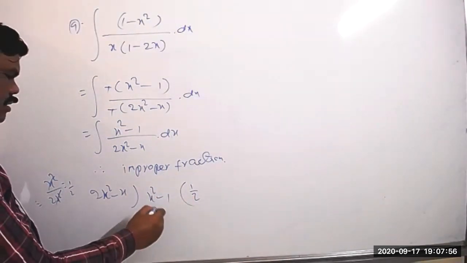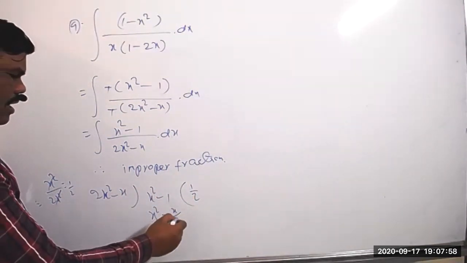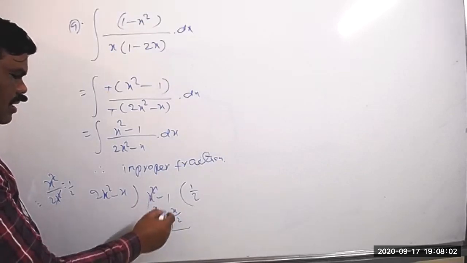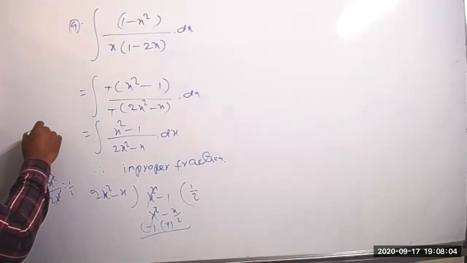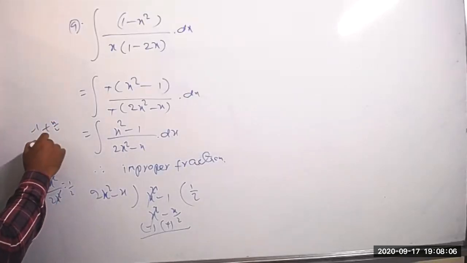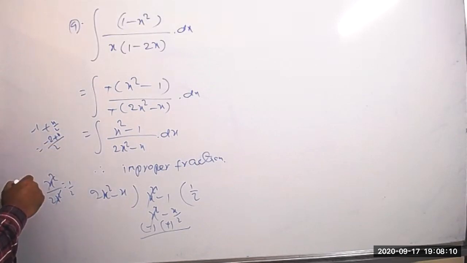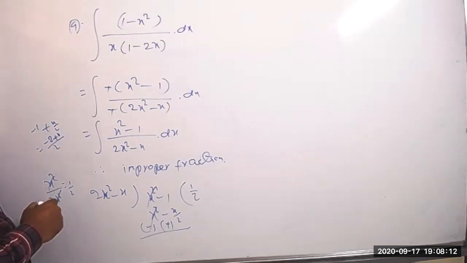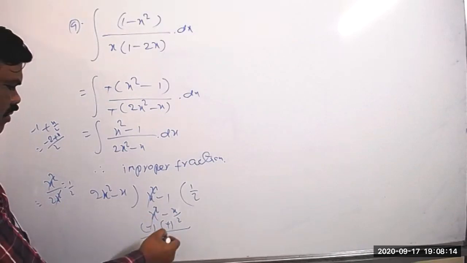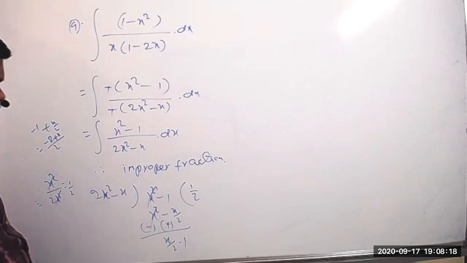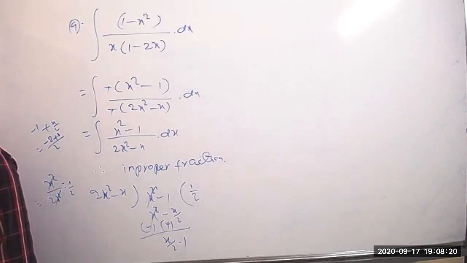So this is x square minus x by 2. You take subtraction and this will be cancelled. So here minus 1 plus x by 2 is equal to minus 2 plus x by 2. That means clearly it is the same thing, nothing happens. If we take minus common, or else x by 2 minus 1 only you can write.